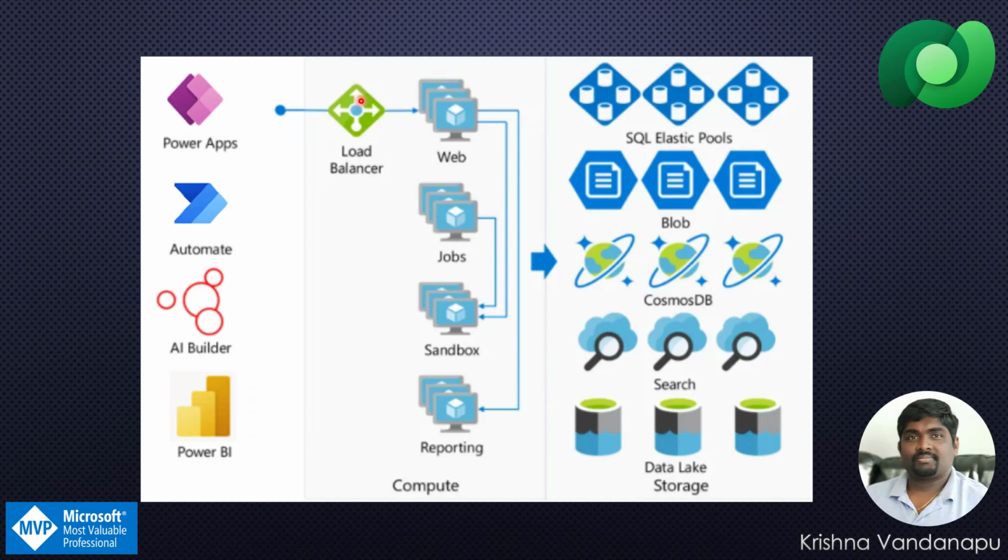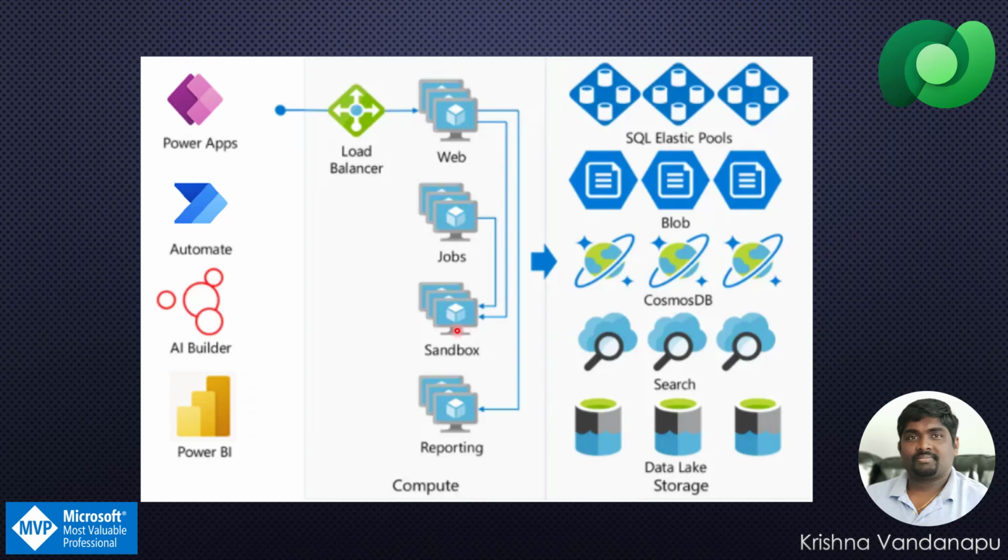Once it gets a call, it first looks at all the web servers which are associated with the load balancer. When the load balancer identifies that web server 1 has some bandwidth, it will route the user request to that web server, and then the web server will decide what call it is.